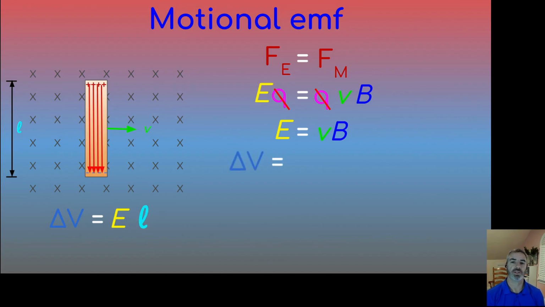So we can substitute in delta V is equal to the electric field times L. That means we can multiply the other side by L as well, and we get that the induced EMF is going to be V times L times the strength of that magnetic field. And this is how we can calculate the motional EMF within that conducting rod.